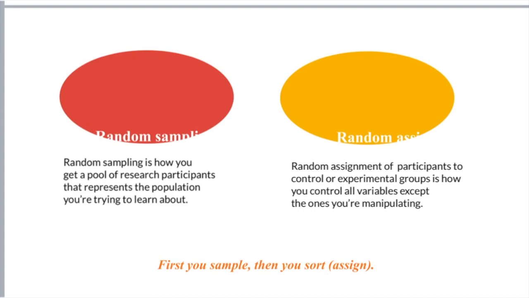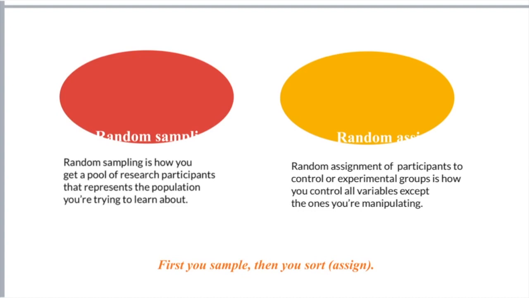I'm not going to pull all the fit and healthy people and give them some sort of experimental drug and say, how do you feel? They're going to have a different response potentially than somebody who is unhealthy or who has a pre-existing condition. So we have to make sure that within our random sample, we're then also randomly assigning who is in the experimental group versus the control group.